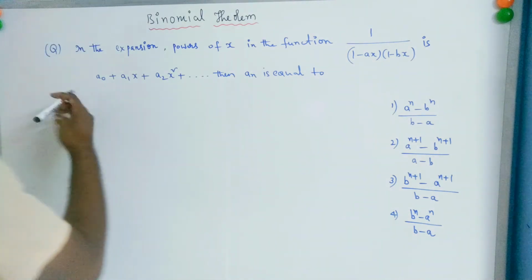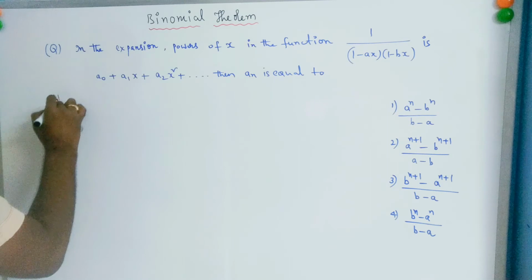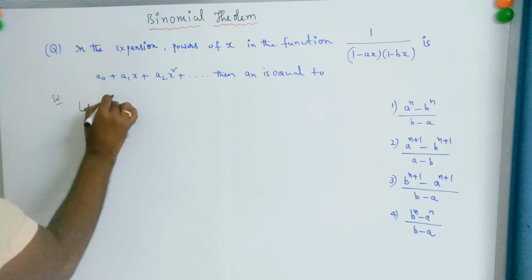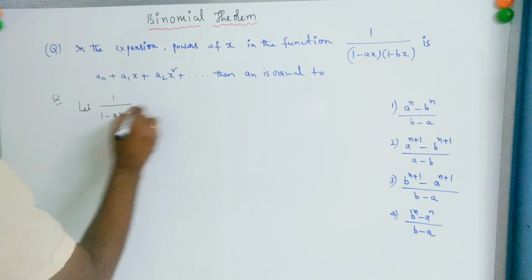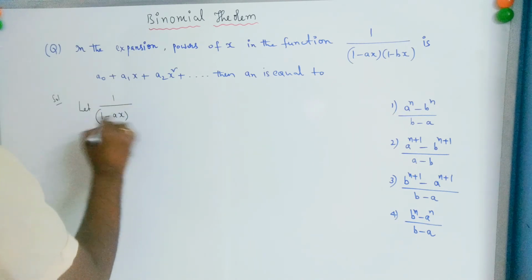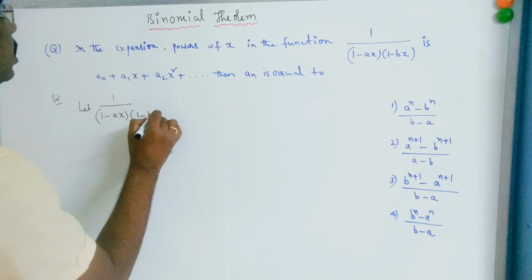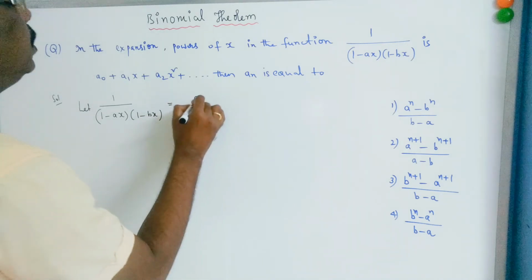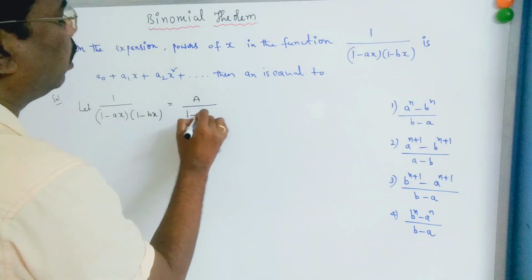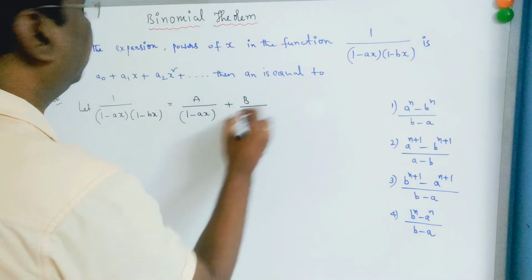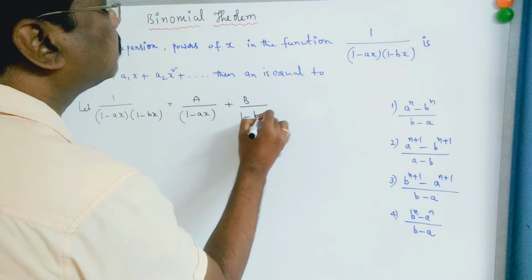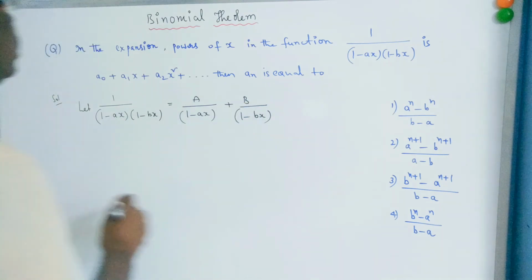Let 1 by (1 minus ax) into (1 minus bx) is equal to A by 1 minus ax plus B by 1 minus bx.